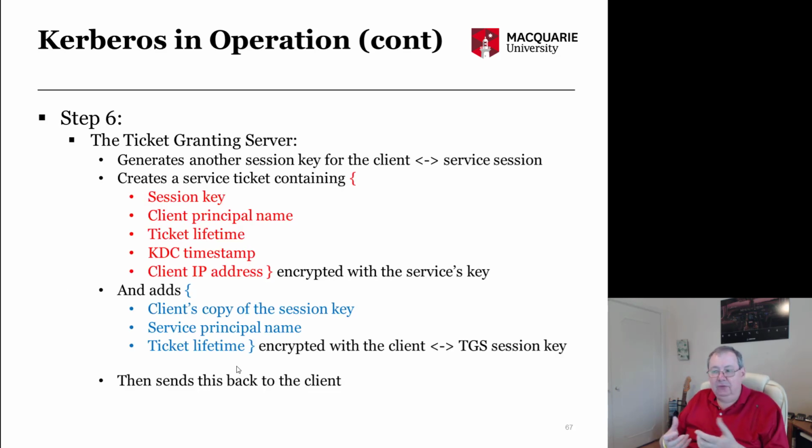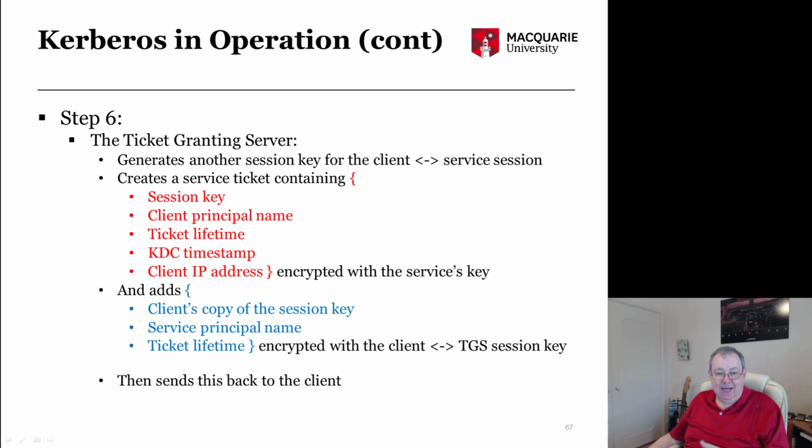Now the ticket granting server checks, do I know about these various different principals? And it goes ahead and it generates a session key for client to service session communication. It also extracts the database server's key. Right? It then creates what's called the service ticket.